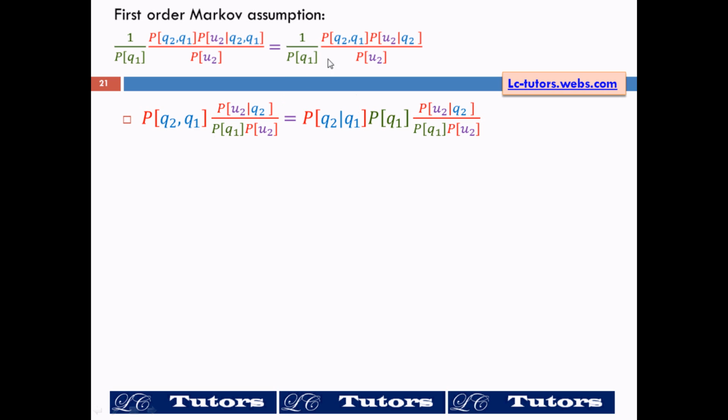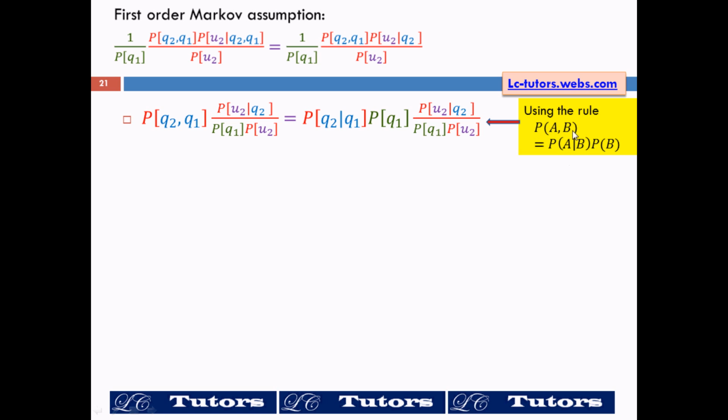So what we do is we separate it out and we put the other things together. This one of course we should be able to calculate, but for P(Q2, Q1), again we can use the rule that the probability of A comma B is equal to the probability of A given B times the probability of B. These are some variations of the Bayes rule. You can easily find this one out.